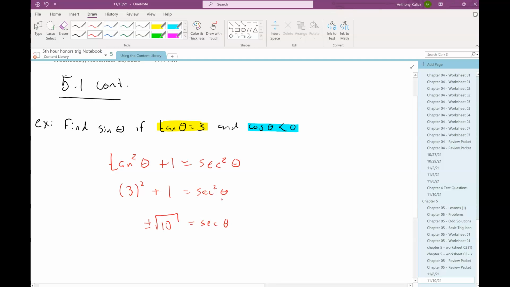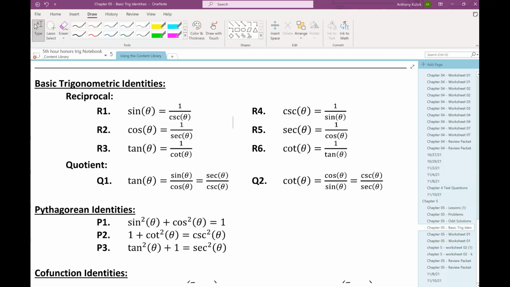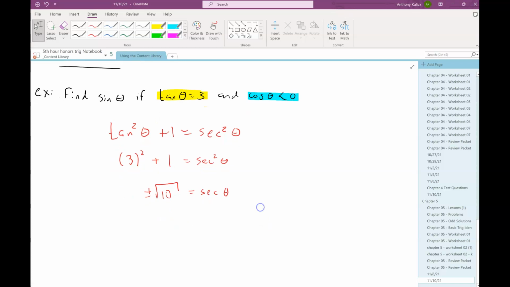I noticed on my identities that secant is related to cosine, that they're reciprocals. And I know something about cosine, so that's what I'm going to do next.